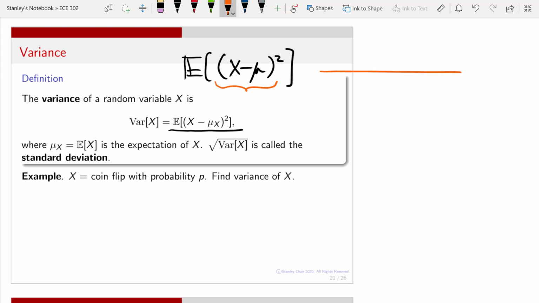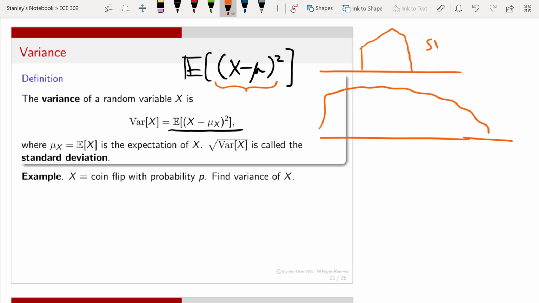You can visualize that if I have a random variable that has a shape like this compared to a random variable that has a shape like that, this random variable will have a smaller variance.